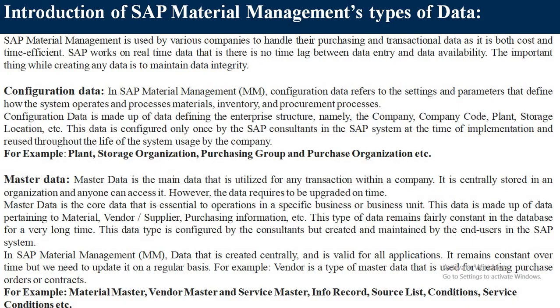This data is configured only once by the SAP consultant in the SAP system at the time of implementation, and reused throughout the life of the system usage by the company. For example, plant, storage organization, purchasing group, and purchase organization. These are the configuration data.